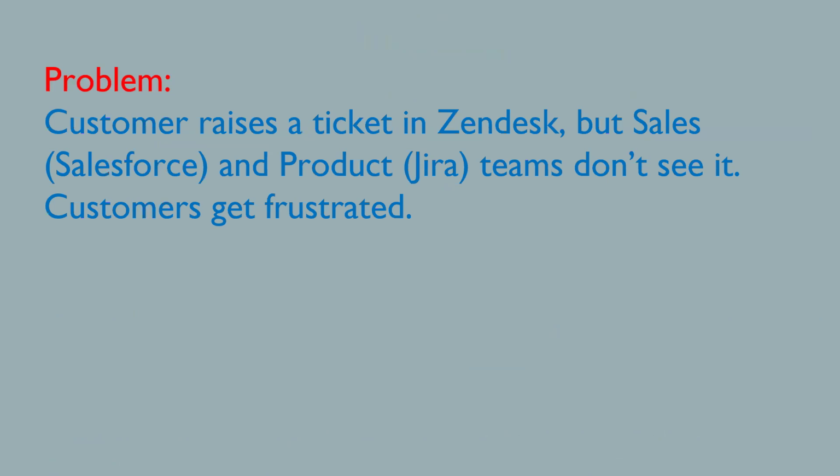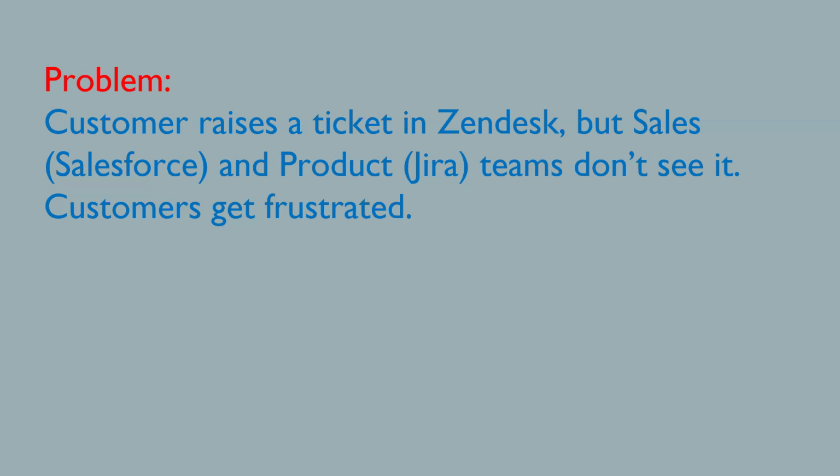Let's say you have some issue. You raised a ticket in Zendesk, but the sales team uses Salesforce, and the product is in Jira, which does not see it. The customer gets frustrated. Let's say you placed one order, it's been almost a week, and you didn't get any update.